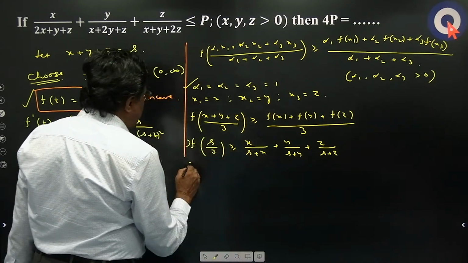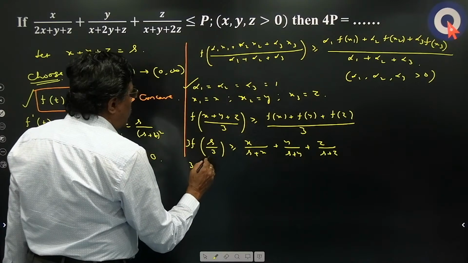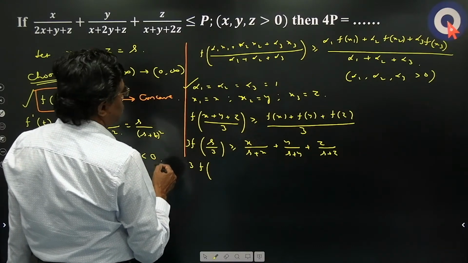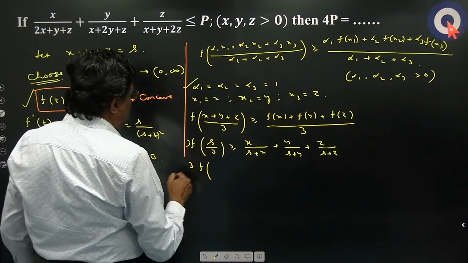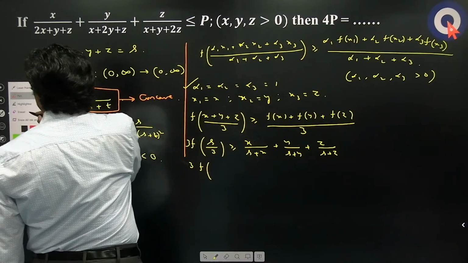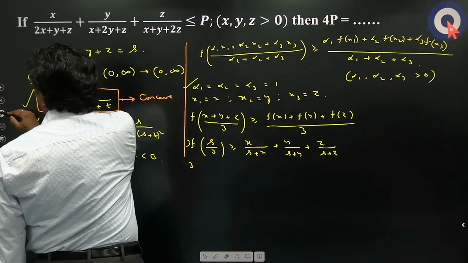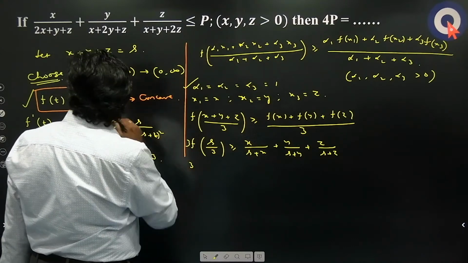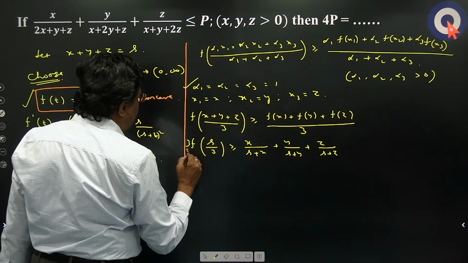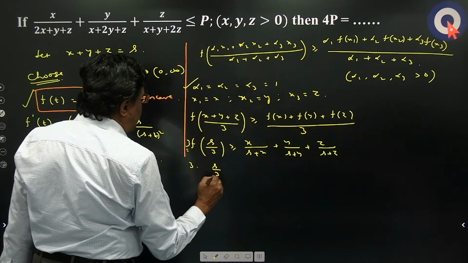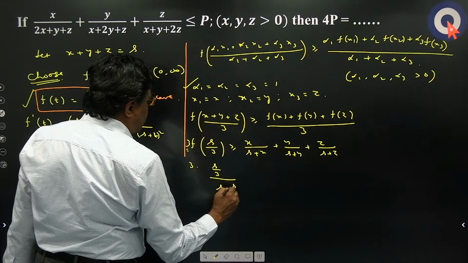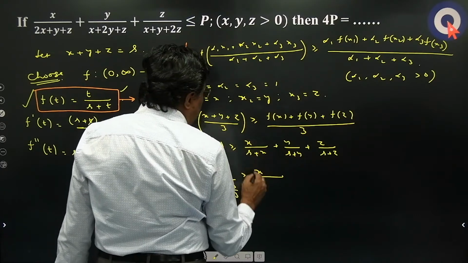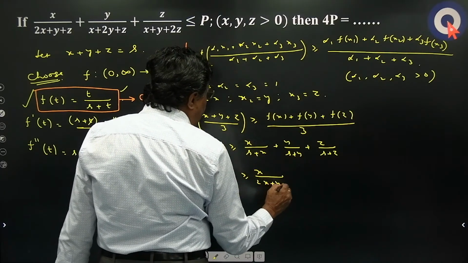So now this is 3 into f of s by 3. So in this, if I put s by 3 in place of t, this 3 I have written here, and s by 3 by s plus s by 3 is greater than or equal to x by s, where s is x plus y plus z. So this becomes 2x plus y plus z.